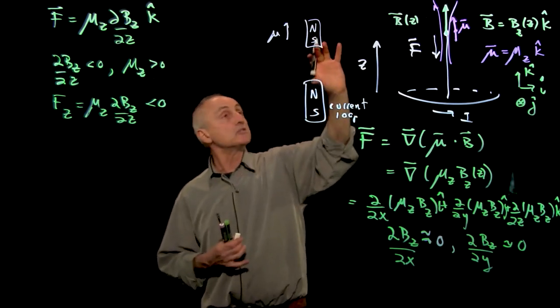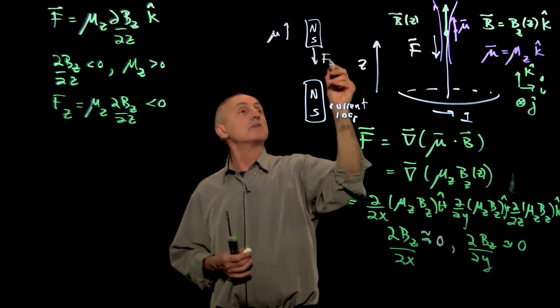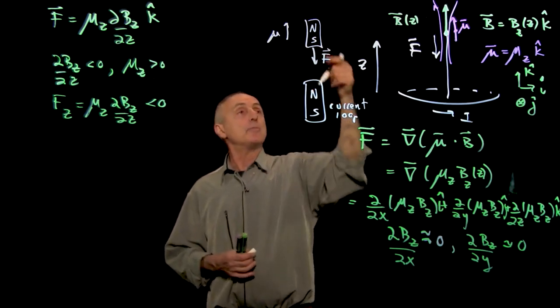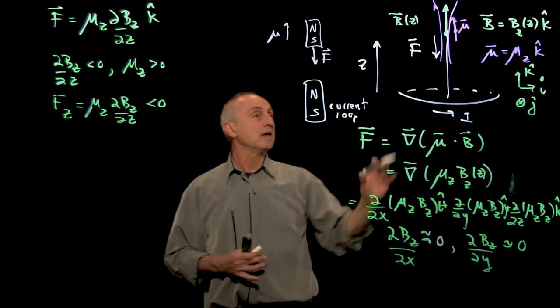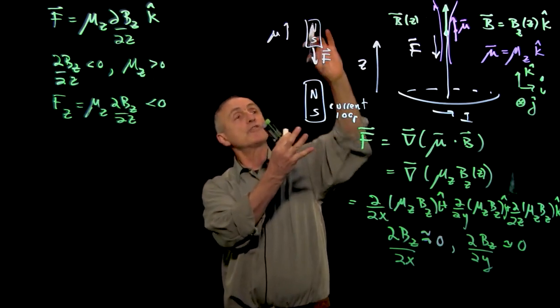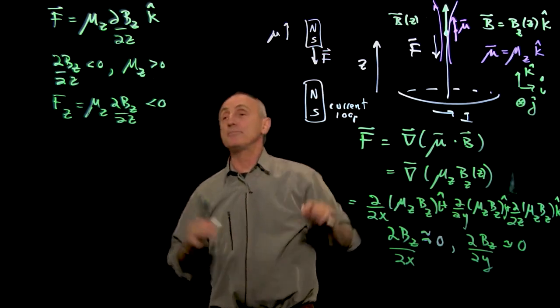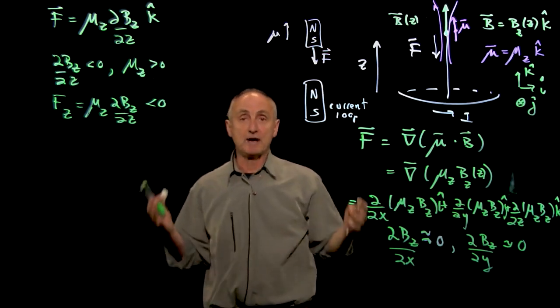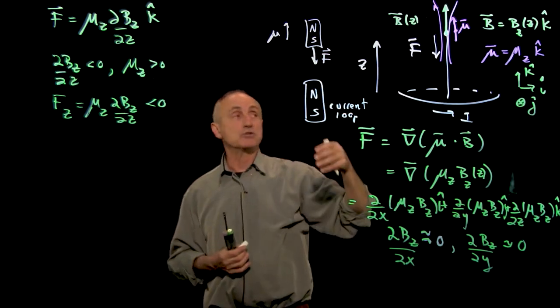And when you put two magnets with opposite poles adjacent, you expect a force on the upper magnet downward. So this equation, in some sense, explains why magnets oriented north-south, north-south attract. If you flip this, the dipole moment would flip, and they would repel. So here we have a qualitative explanation of why two magnets attract.